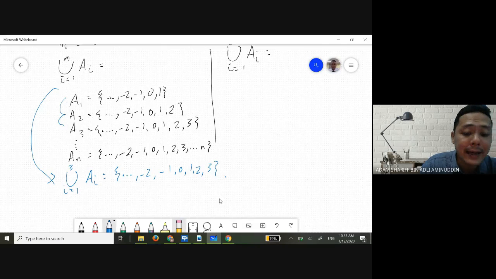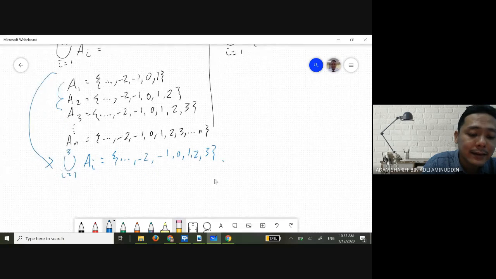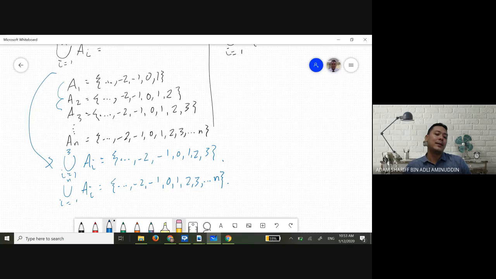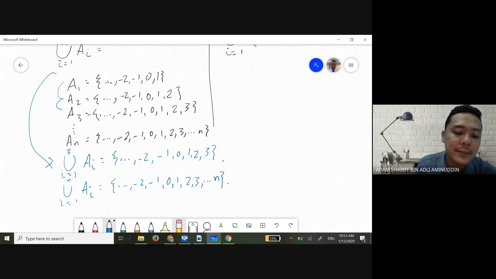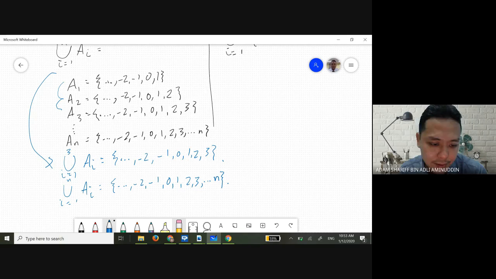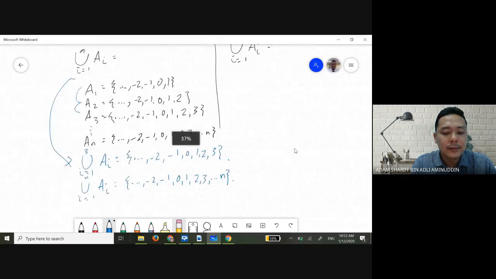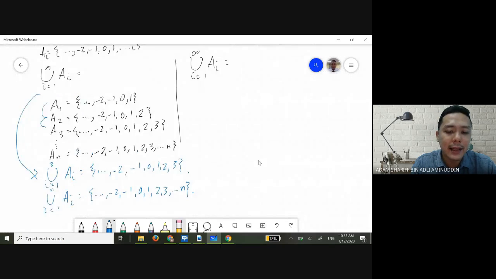Kalau sampai n, dia jadilah -2, -1, 0, 1, 2, 3 up until n. It's a little bit spin off compared to the previous question just now. Sedikit lain. Okay, ini untuk case I equals to n.